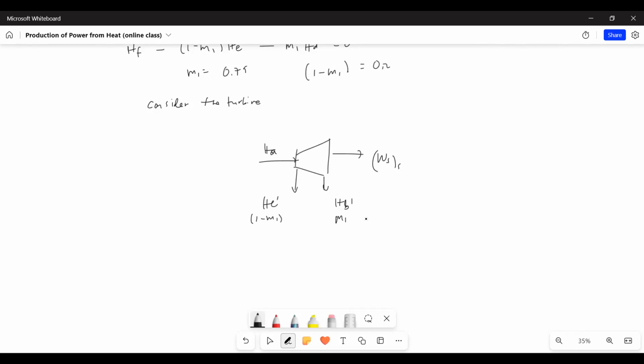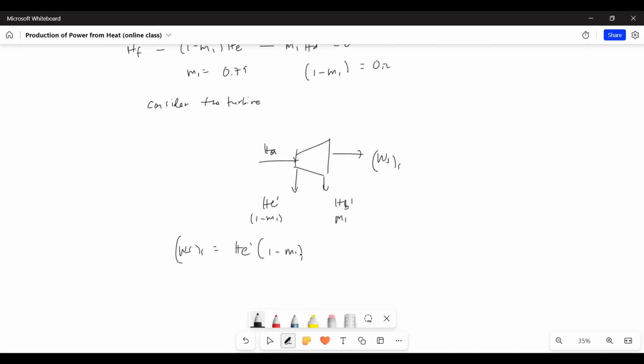We can solve for the isentropic expansion, isentropic work. Okay, expansion. So we do an energy balance around the turbine. By doing an energy balance around the turbine, assuming isentropic expansion, so we're writing, okay, HE prime, 1 minus M1.